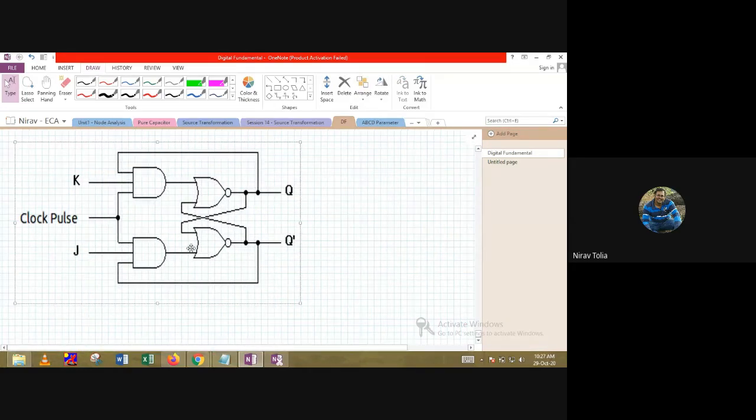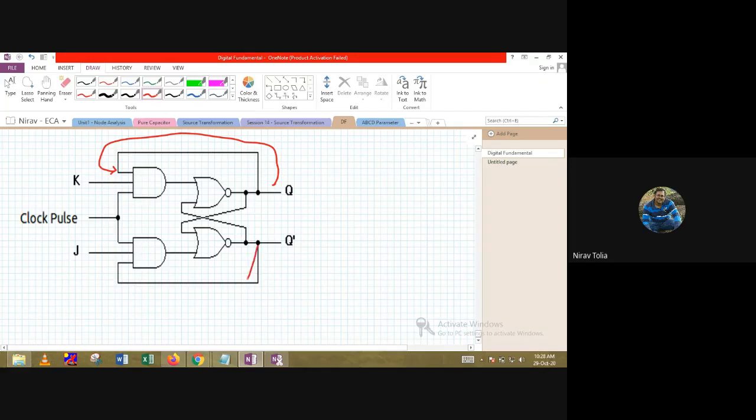So you can see this is the JK flip flop. It has a clock pulse, but along with the clock pulse, it also has the effect of the previous output. You can see here we are connecting the Q with an AND gate.